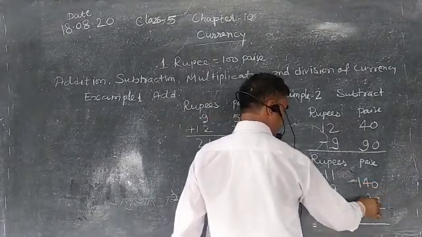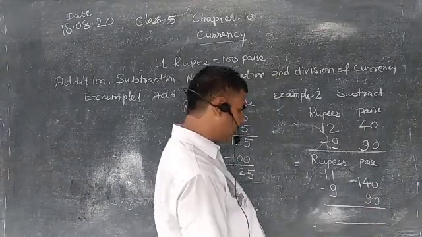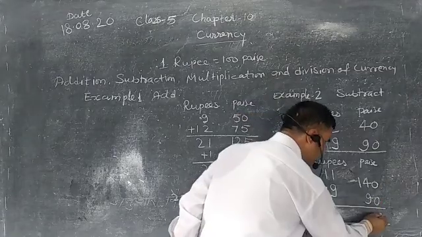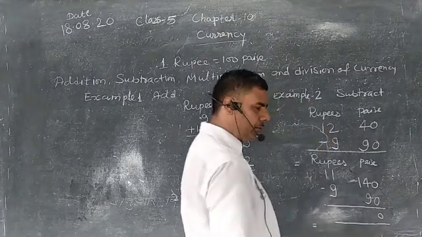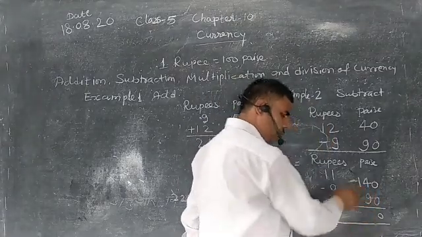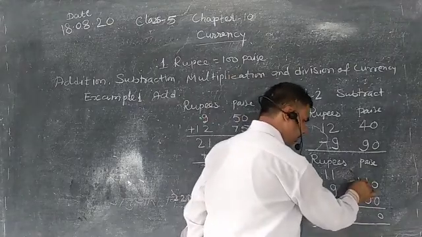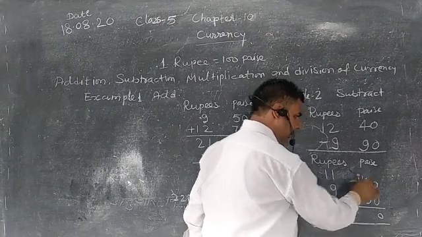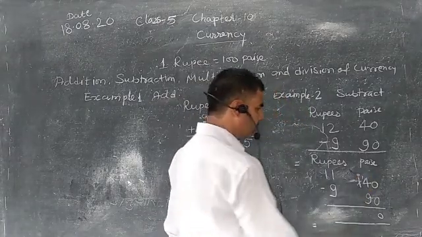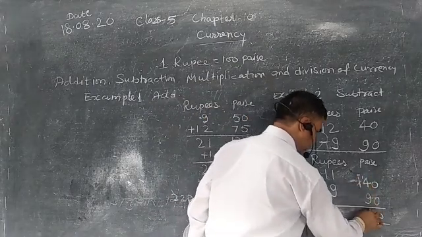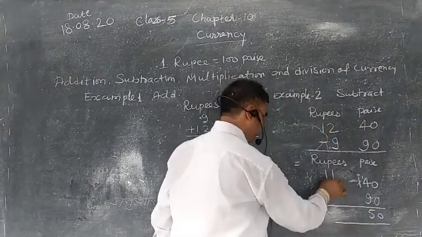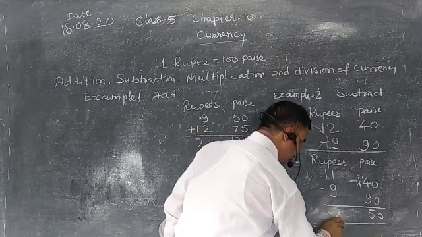In 140 we will subtract 90 paise. 0 minus 0, 0. We cannot subtract 9 from 4, so we take a borrow. It becomes 0 and it becomes 14. Then 14 minus 9 equals 5. And 11 minus 9 equals 2.